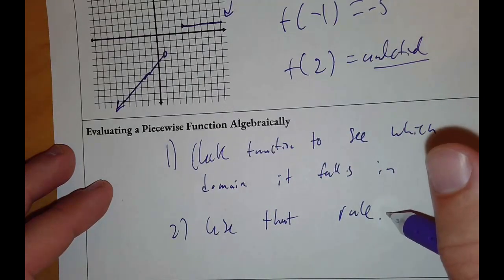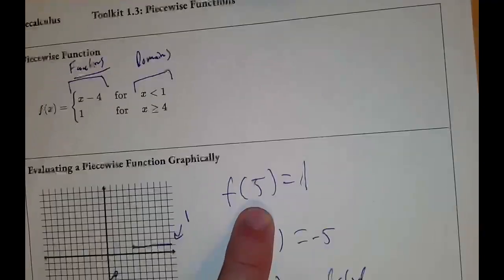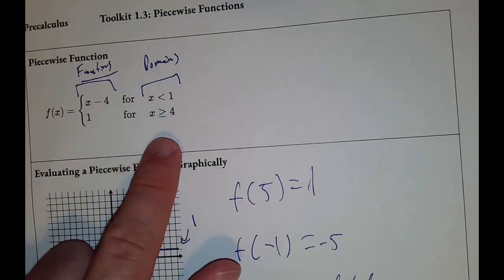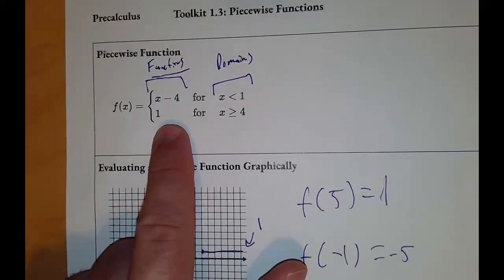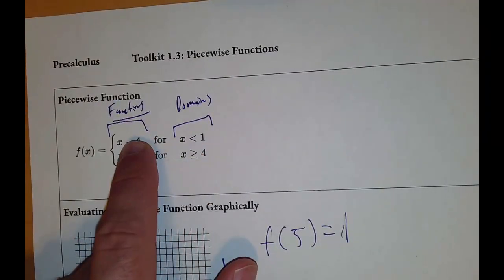What I mean by that is what I was just talking about. If you have 5, where does 5 fall? Well, 5 is greater than 4, so I use this rule. If you do negative 1, where does negative 1 fall? Less than 1, use that rule. If 2 doesn't fall into either of them, undefined.